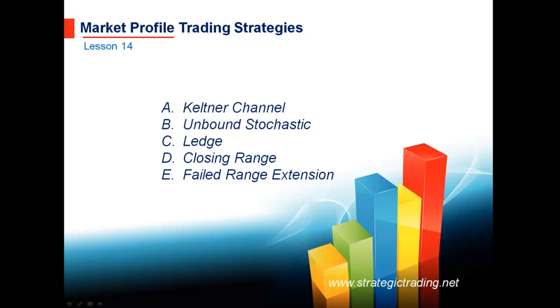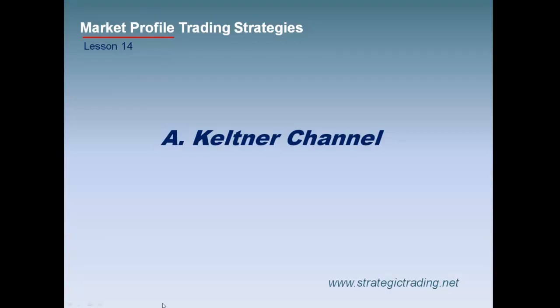We're going to talk a little bit about ledges, what they are and what they mean and what they tell us about the market. We're going to talk about the closing range, and we're going to look at what is described or what should be identified as a failed range extension. So we have some interesting things to cover, and let's go ahead and proceed with that.